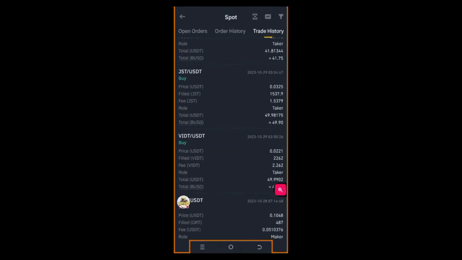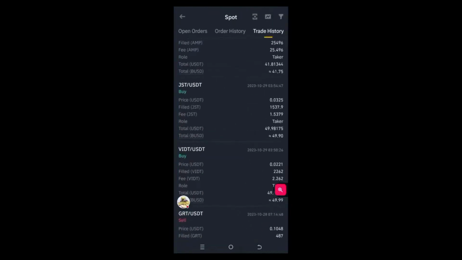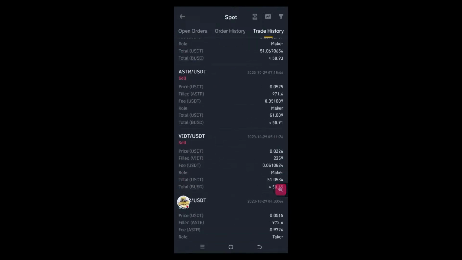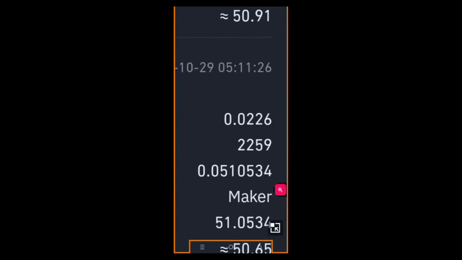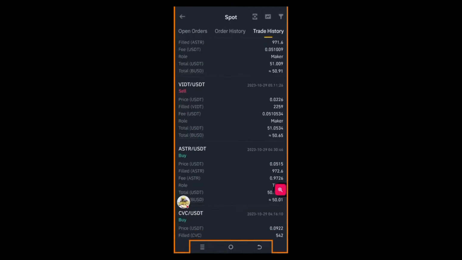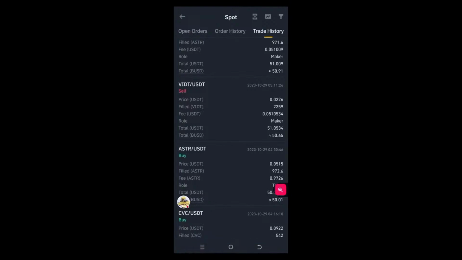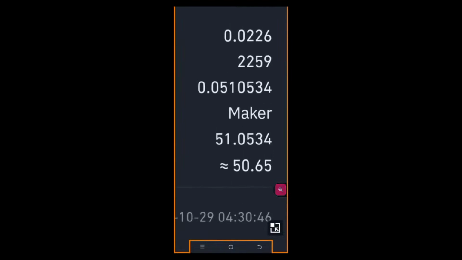That's the price we bought it at. And in terms of executing, we were able to execute it at 0.0226, and that gave us a profit of $1.05. Look at that. That's beautiful.